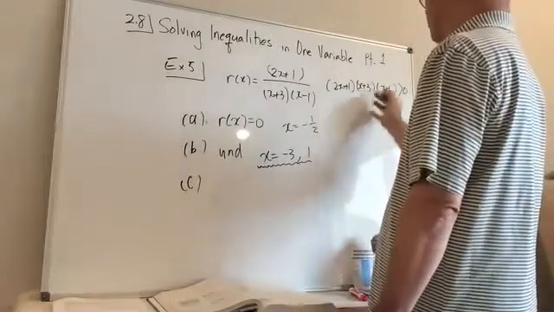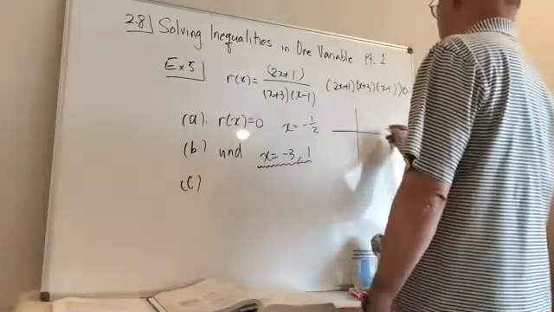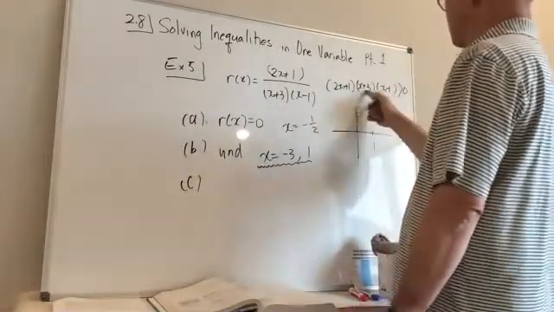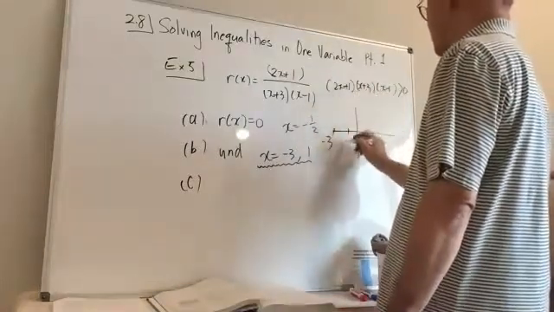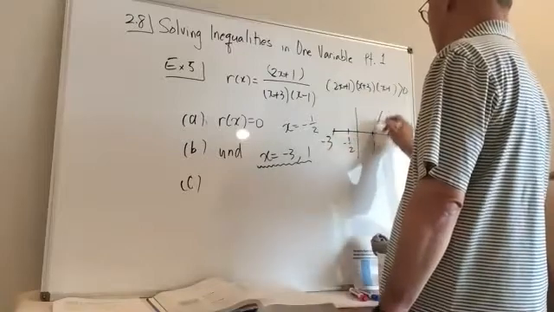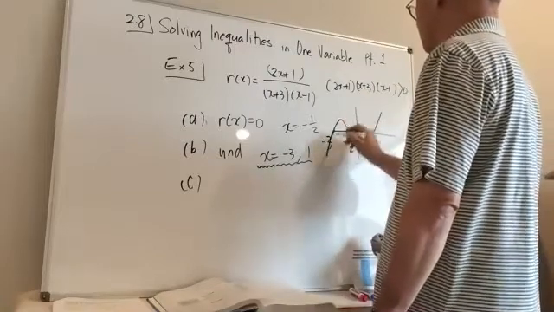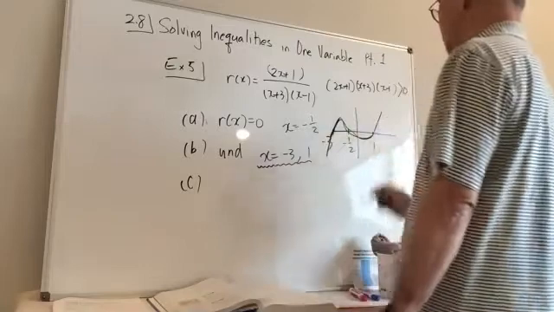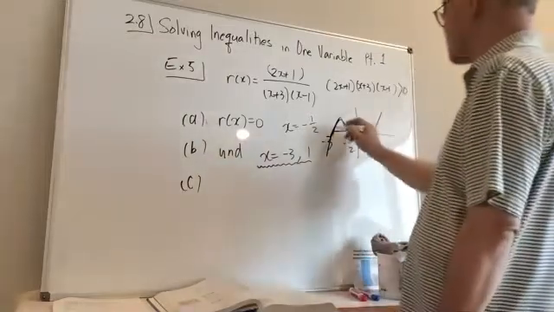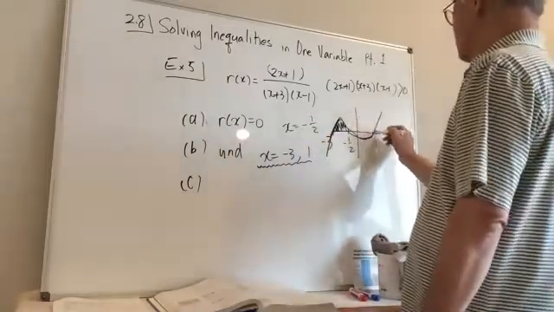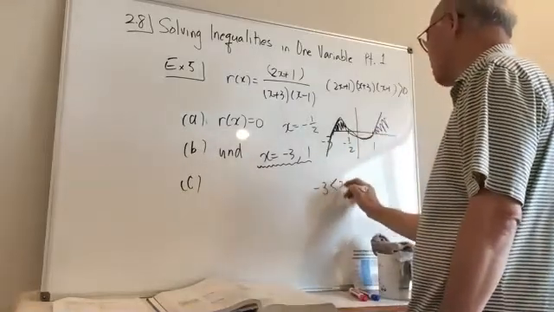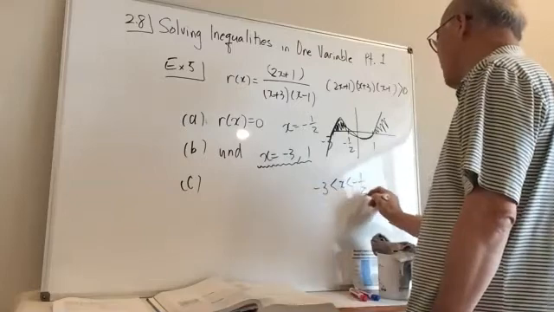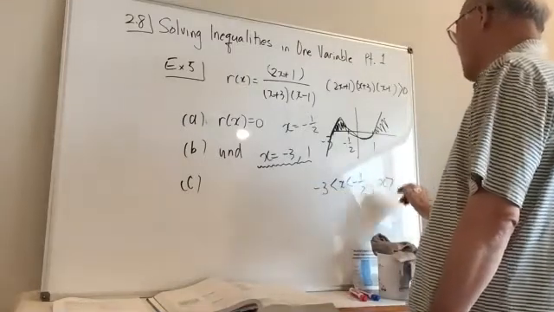Well, I have three roots: 1, -3, and -1/2. That's going to look like this. So when is it positive? It's positive here and here. So it's x between -3 and -1/2, and x greater than 1.